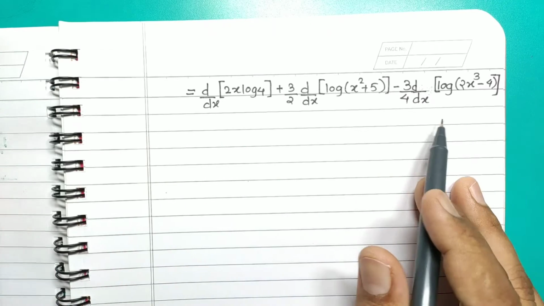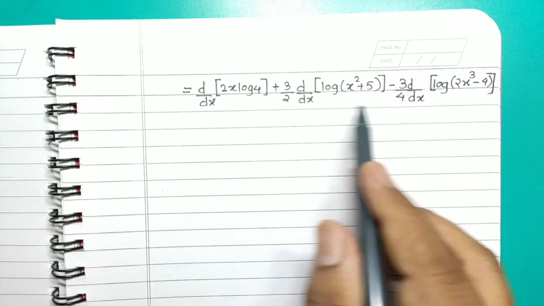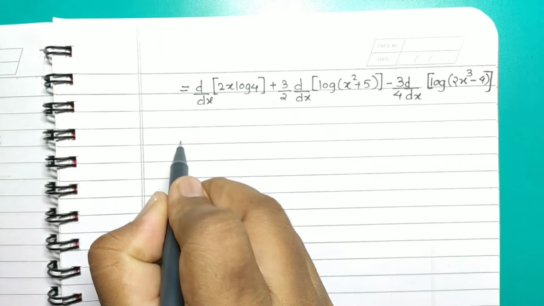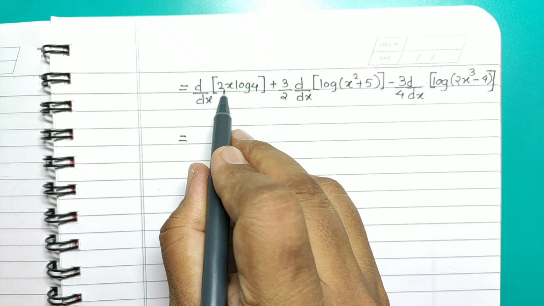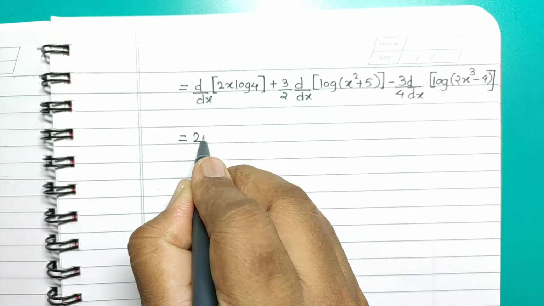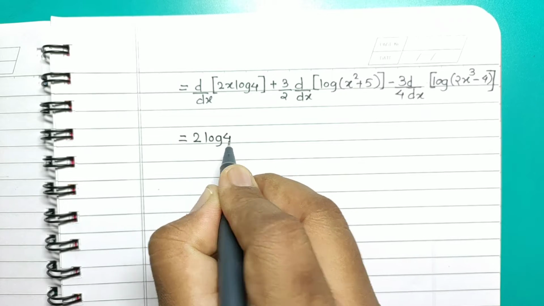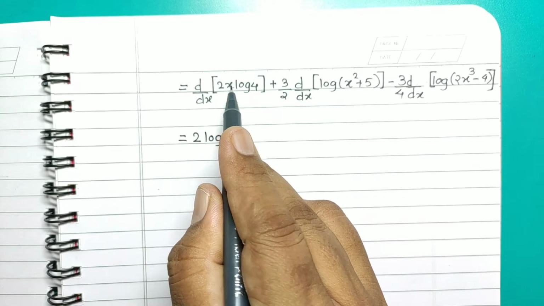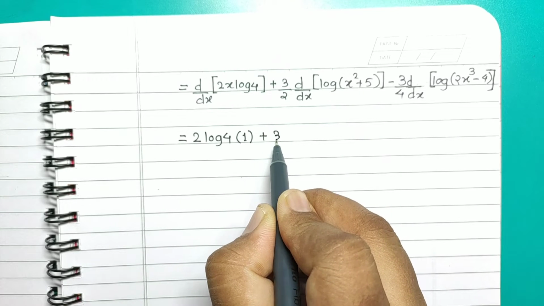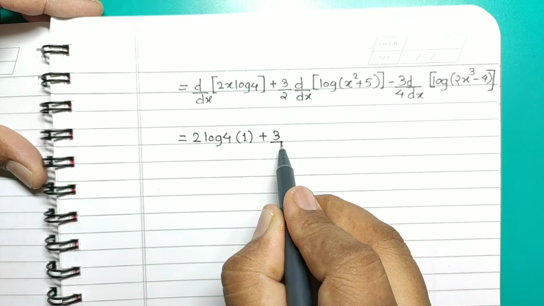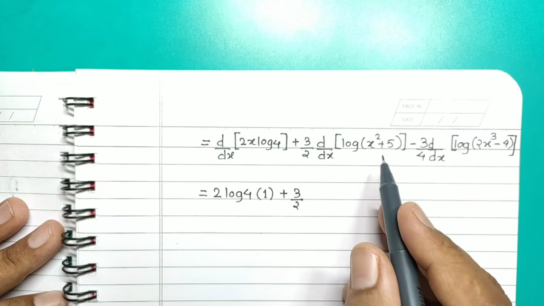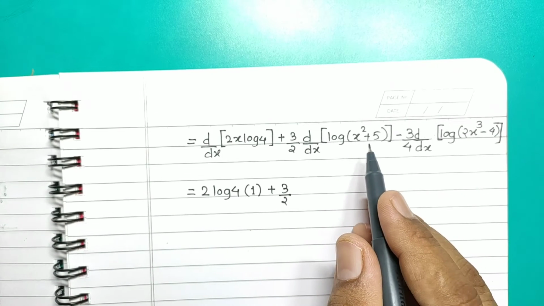For the sake of convenience, I have written the step on the last page here. In this term 2 into log 4, this is constant. So it is 2 into log 4 into the derivative of x, and the derivative of x is 1. Plus this 3 by 2 constant, and let's multiply the derivative of log of something. So here we have to use chain rule.